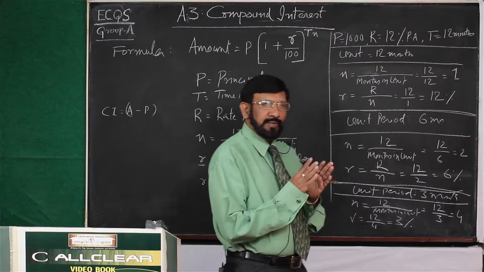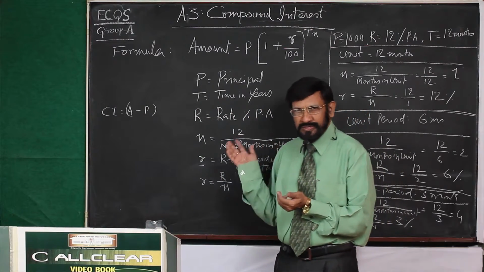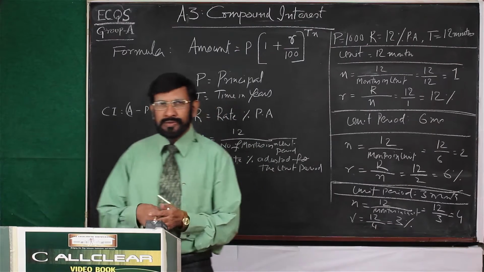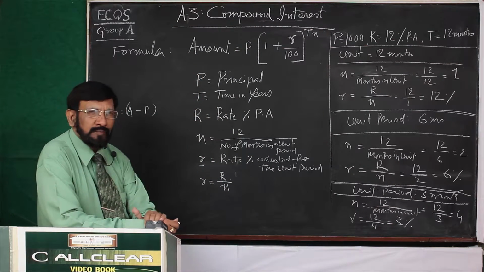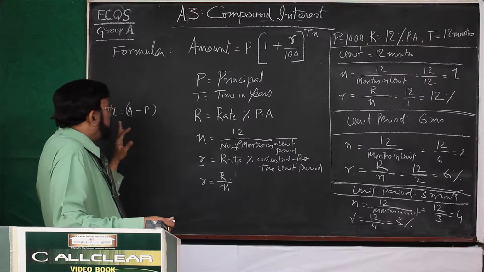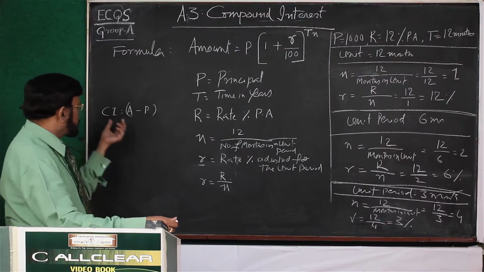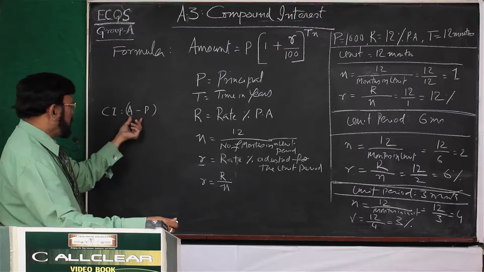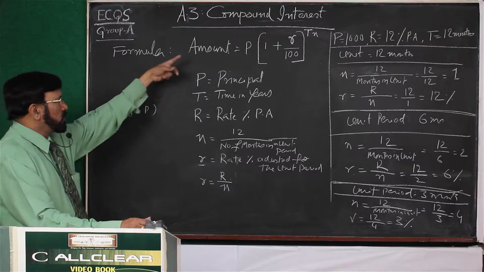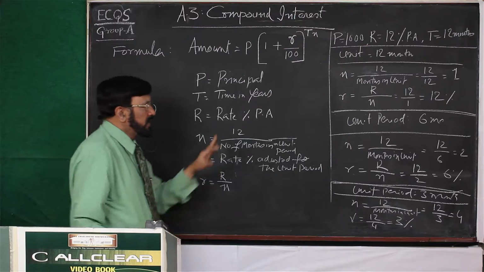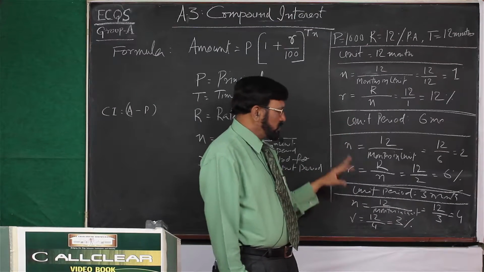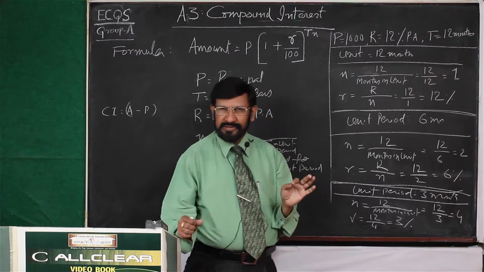So, this formula is not so easy like the simple interest formula, and here we are calculating amount. Then if you want compound interest, it is equal to the amount calculated like this, amount minus P. This point you must focus on, this is the only intricacy in that.